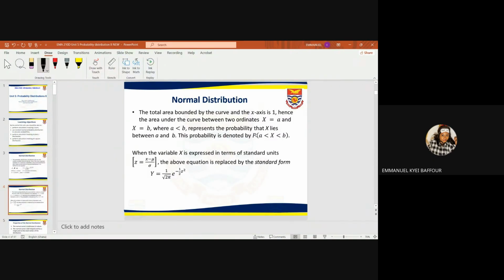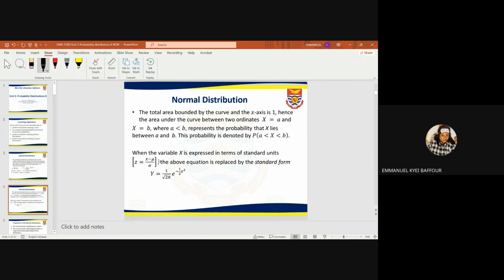But before you can use the standard Z distribution to do that, there is a way to convert whatever score you have to the Z distribution. For that, we use the formula Z equals x minus mu divided by the standard deviation.